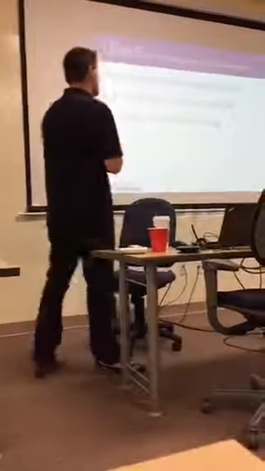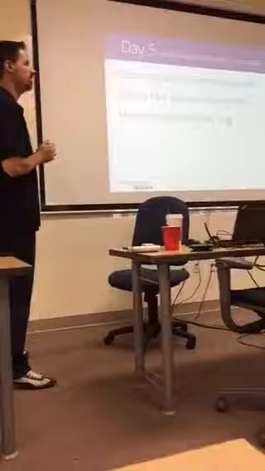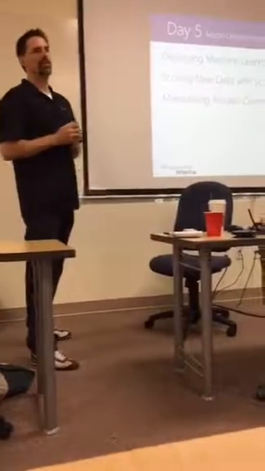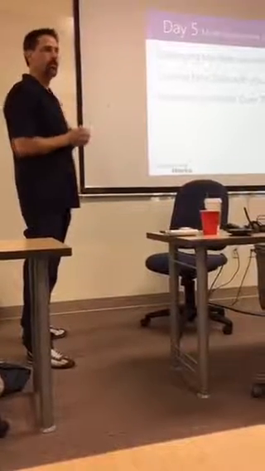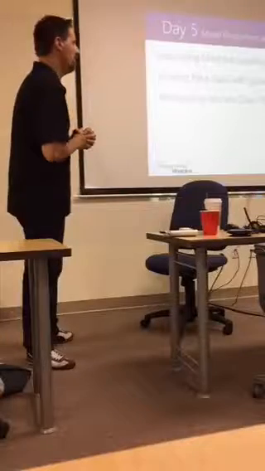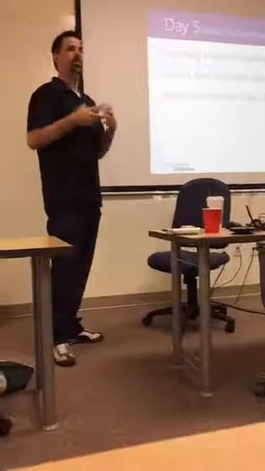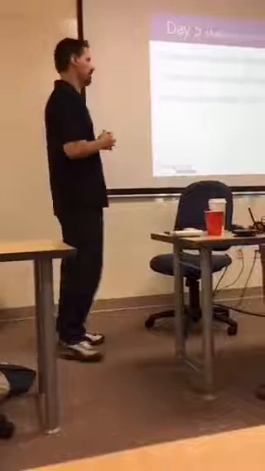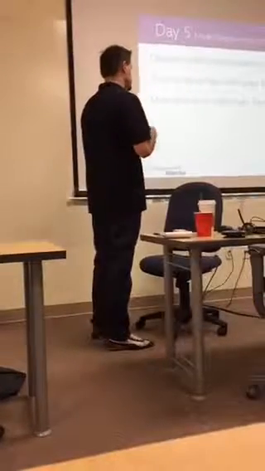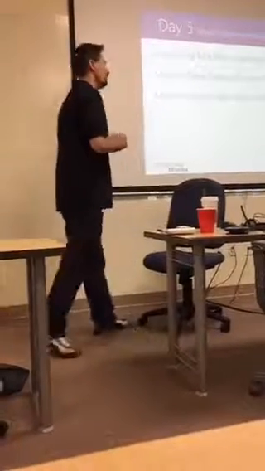So if we have an algorithm that determines which customers are likely to download software, Pragmatic Works software, now we're going to put that in some marketing tool where we're going to begin to communicate with those people. And so that's the whole concept of putting this out into production.